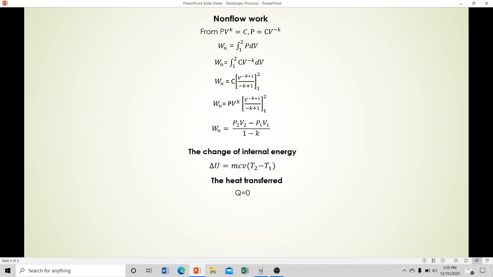The change of enthalpy is mCp times T2 minus T1. And since an isentropic process has constant entropy, the change of entropy is equal to zero.